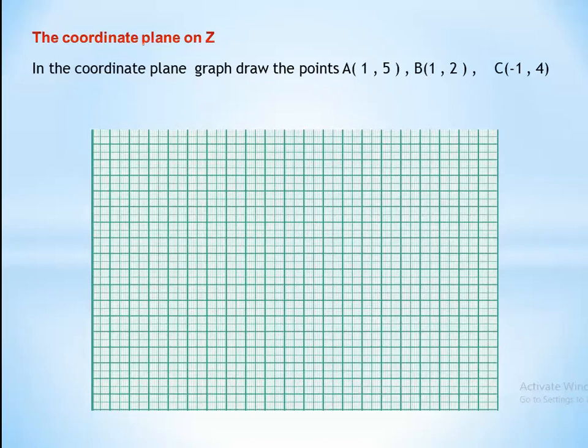Do you remember? Forward or to the right is positive numbers, backward or to the left represents the negative numbers. Above represents positive numbers, below represents negative numbers. So we have the x-axis and y-axis, and every axis has positive and negative. Okay, so let's draw the y-axis and x-axis.